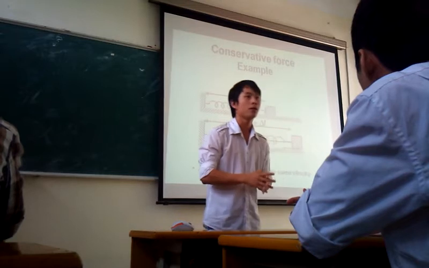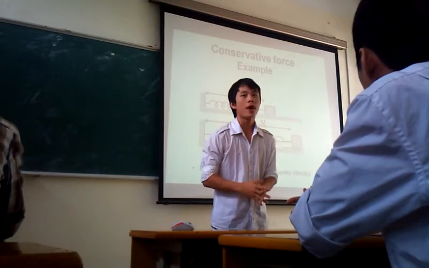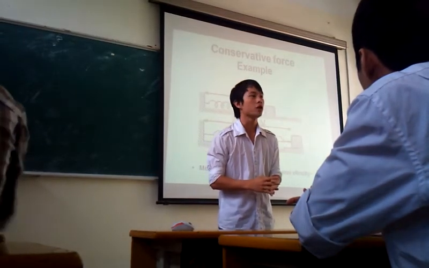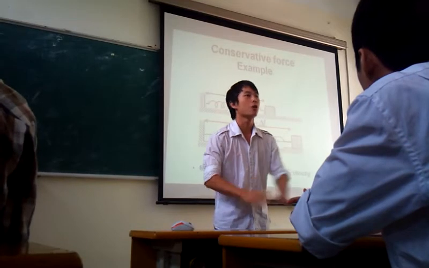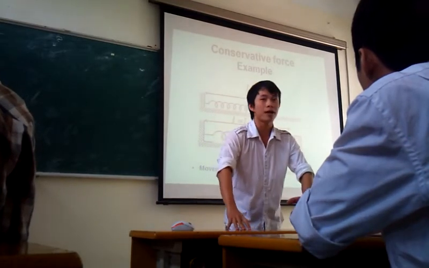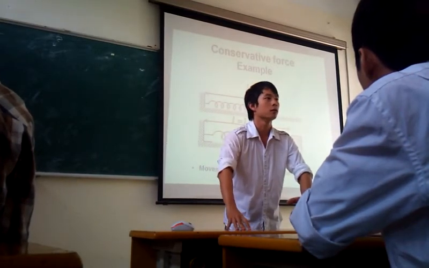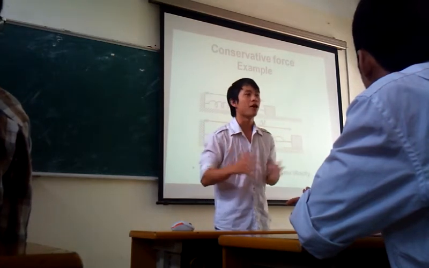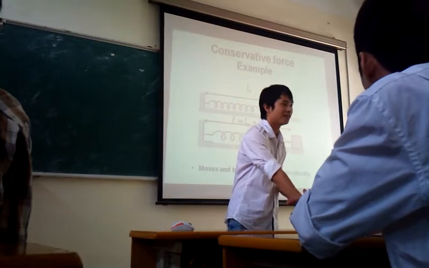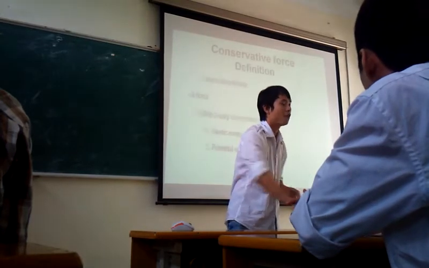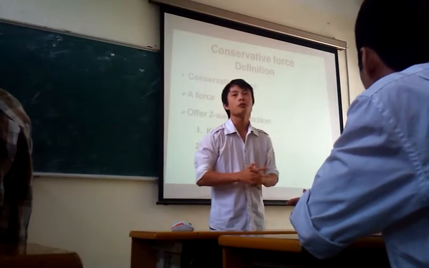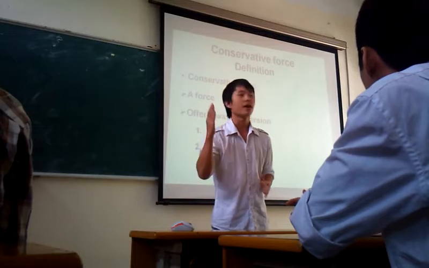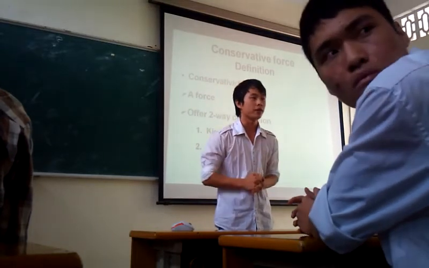In both examples, there is a conversion between potential energy and kinetic energy. Okay, this is the conservative force. Once again, the force that offers the opportunity of two-way conversion between kinetic and potential energy is conservative.